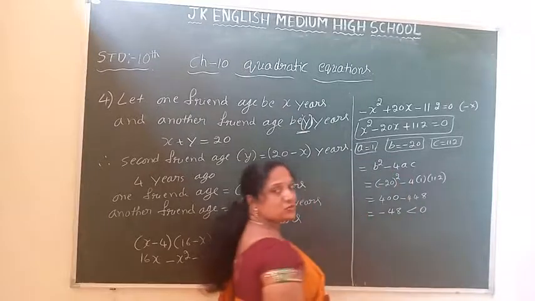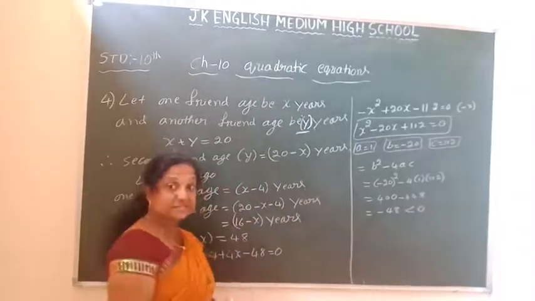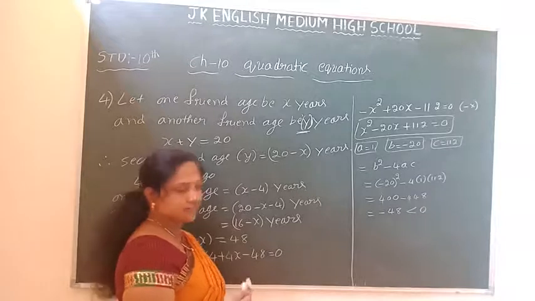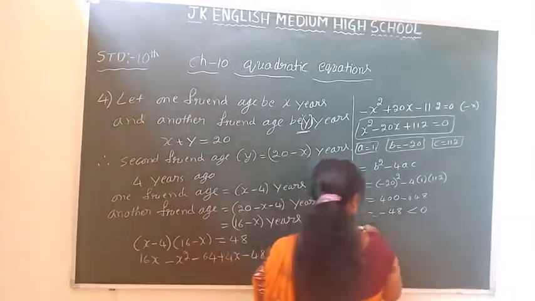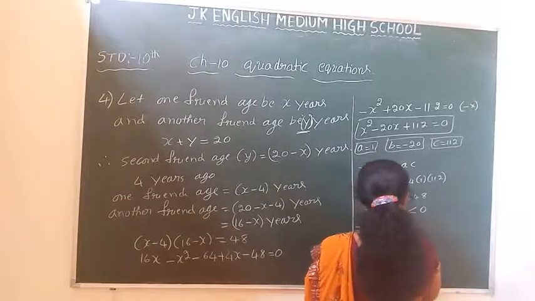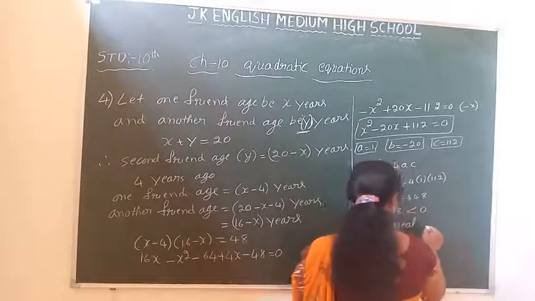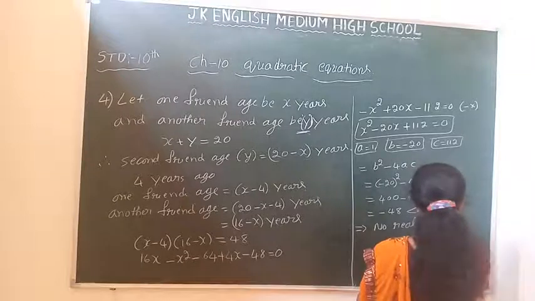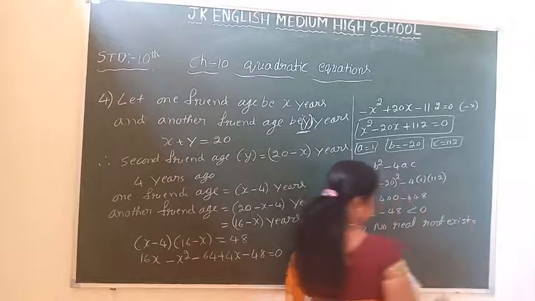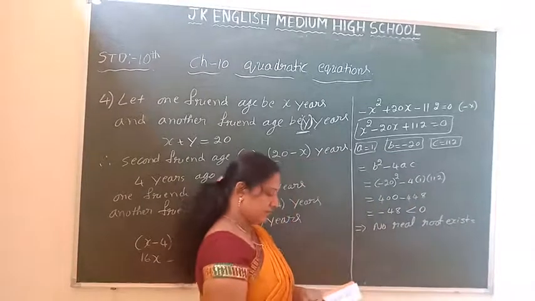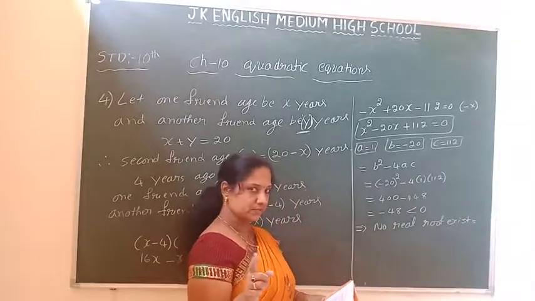The value of b square minus 4ac I got is less than 0, children. So if I get it less than 0, no real root exists. It implies no real root exists. If no real root exists, then is the following situation possible?